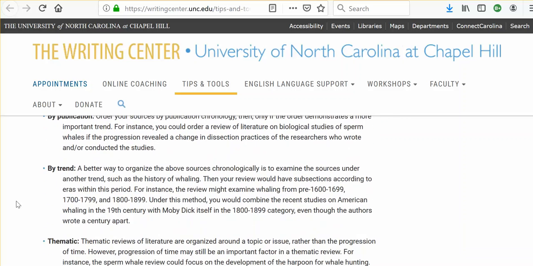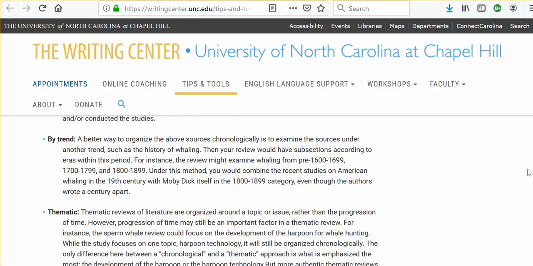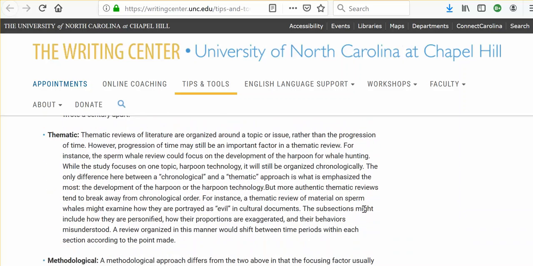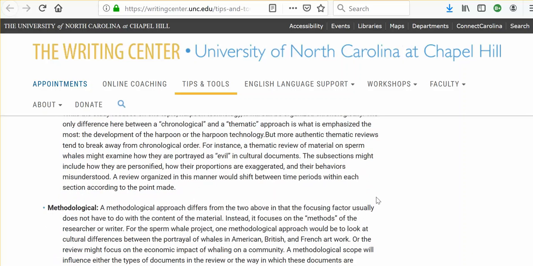Trend, I believe, may work very well, and I think theme would work. So in looking at these, you can determine along with your mentor which one works, and you don't need to determine that now, but I do want you to think about some sort of structure so that right now you are getting it prepared for later. This is going to save you a lot of time and a lot of work later on.